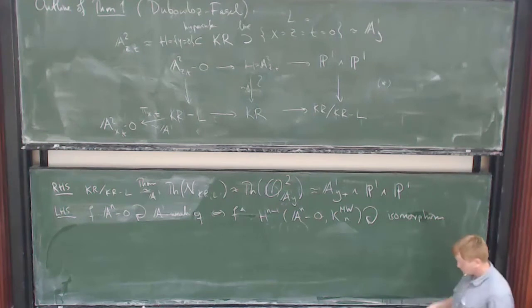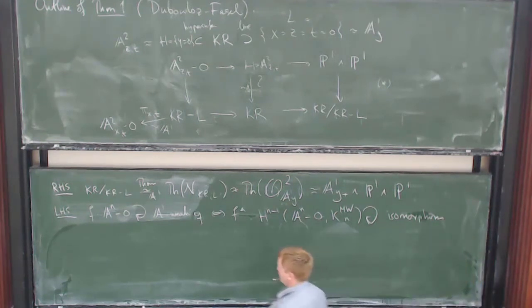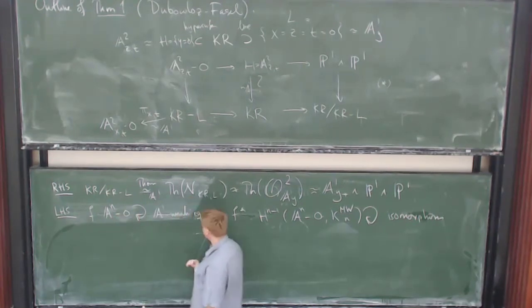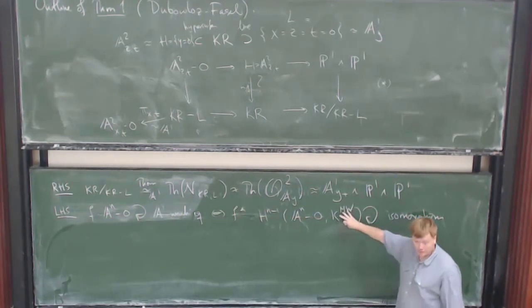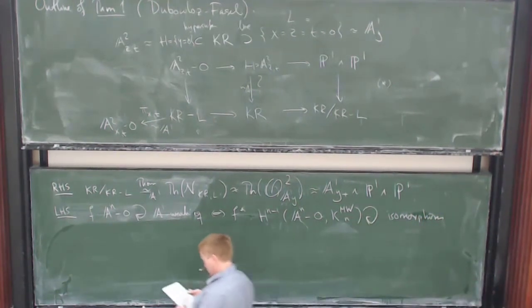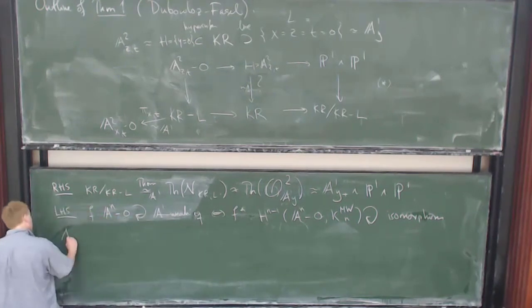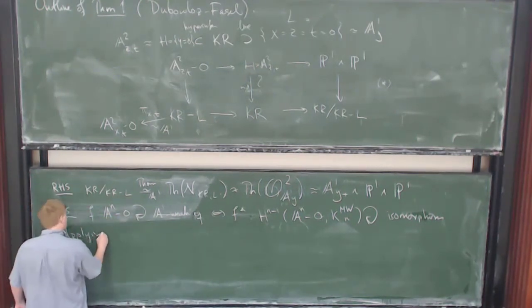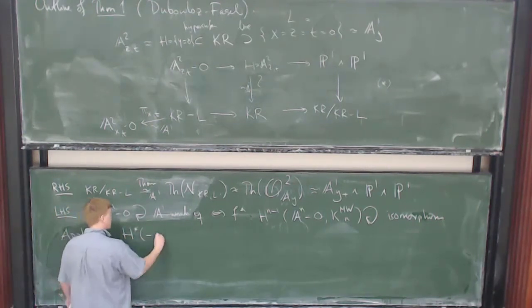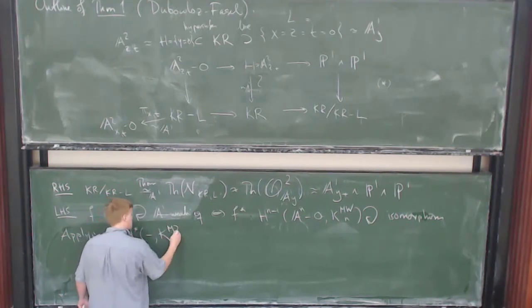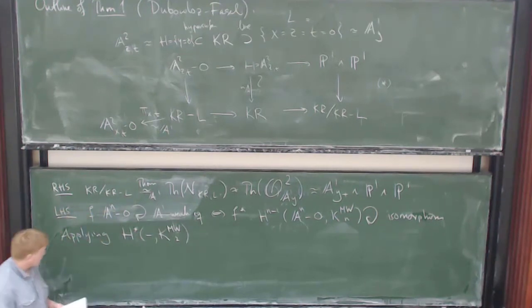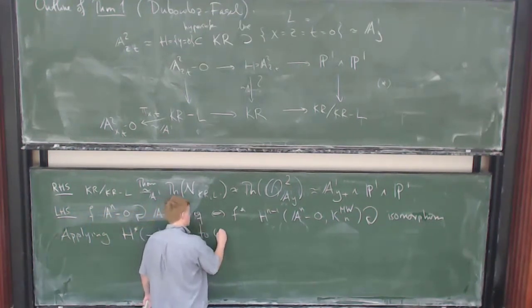This is a corollary of the fact that A1 homotopy classes of A^n minus 0 to itself identifies with this cohomology group here on the right-hand side. So what we do is apply H star, sheaf cohomology with coefficients in the second Milnor-Witt K-theory sheaf, to this diagram.